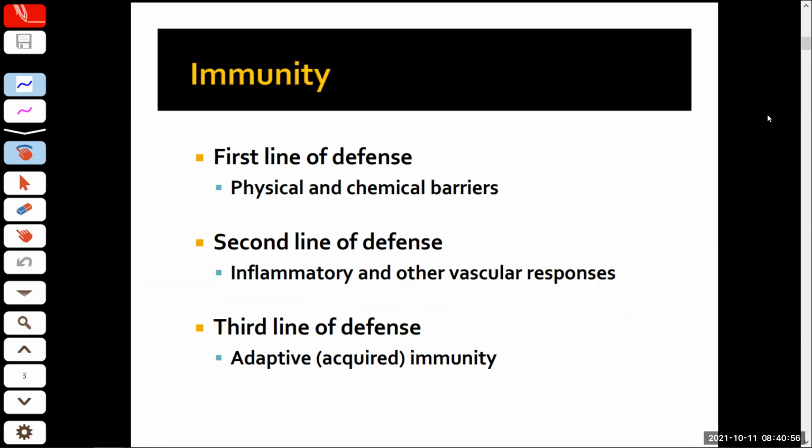Your first line of defense is defined by anything basically physical or chemical. It's on the outside. Your second line of defense has three names, and yes, you do kind of need to know them. It's known as your innate immunity.